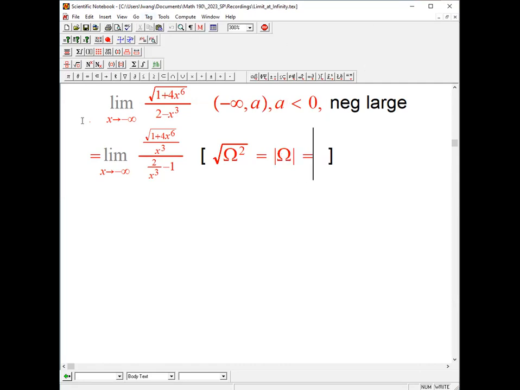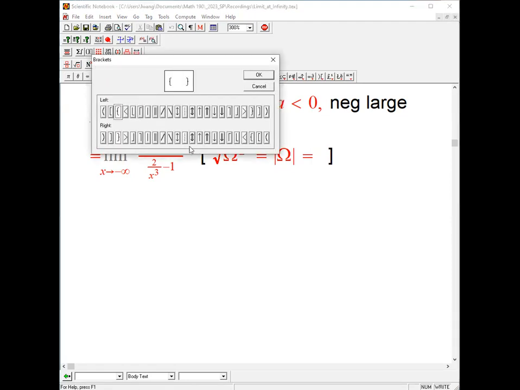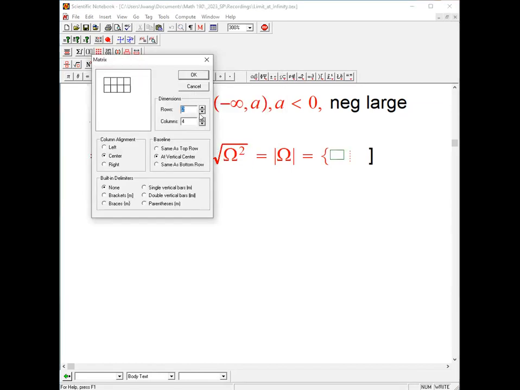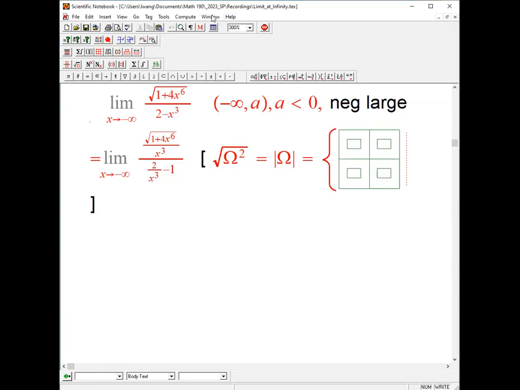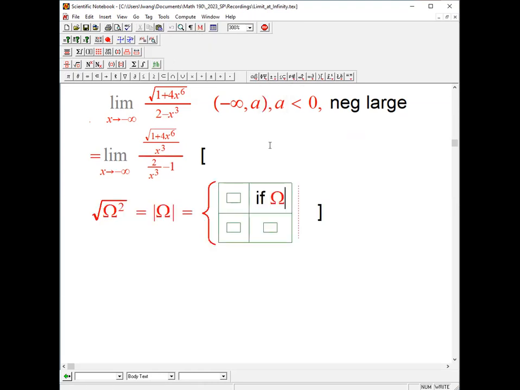And now we have that famous function that everybody's familiar with. If omega is greater than or equal to 0, the absolute value of omega is the same as omega.